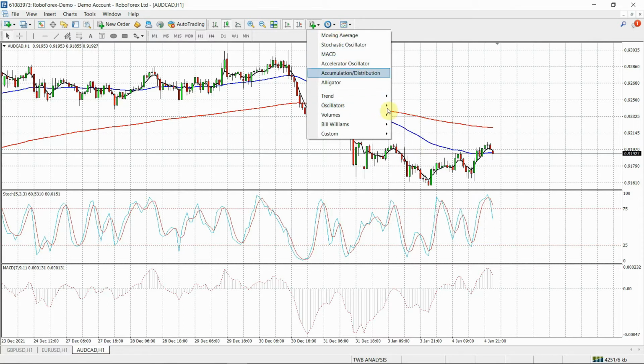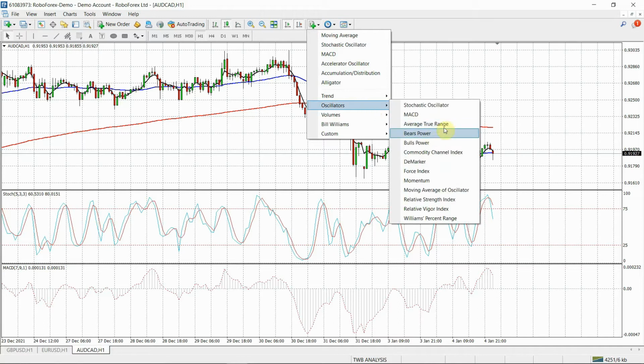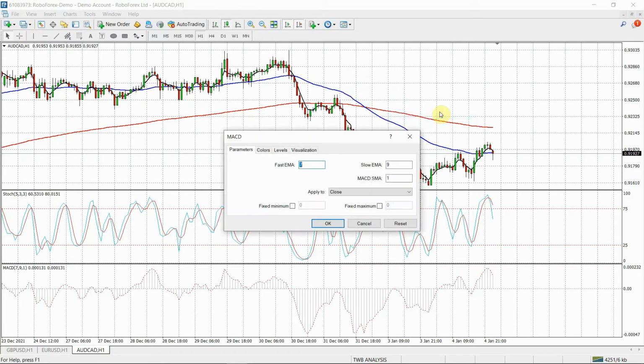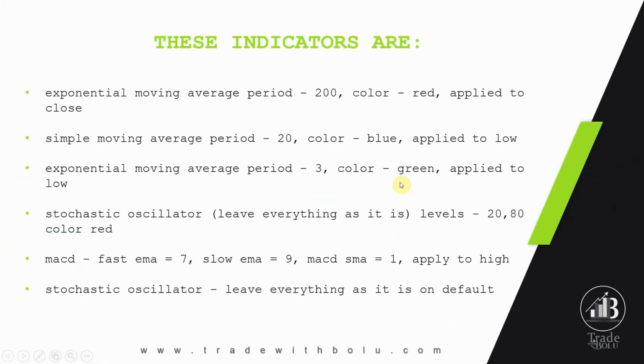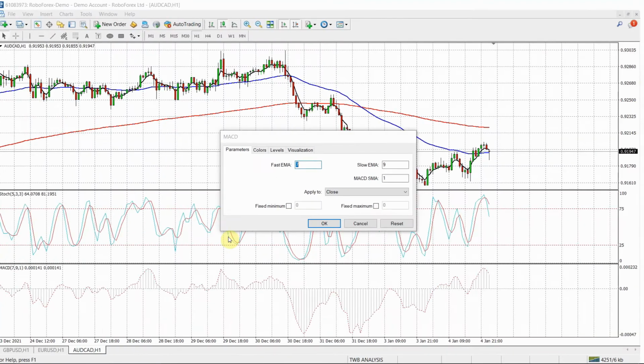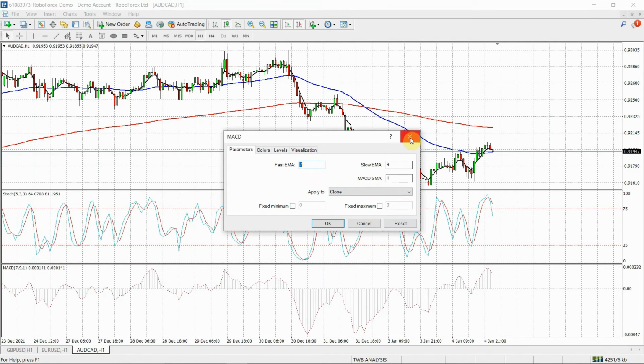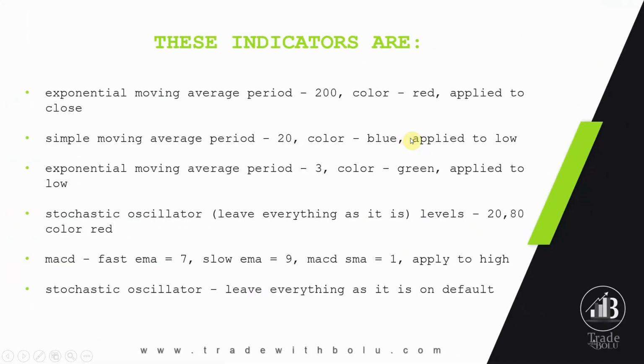When you click on it, you're going to have fast EMA, slow EMA, MACD, SMA. So just so you guys know how to set up your charts, that's why I elaborated on that example.